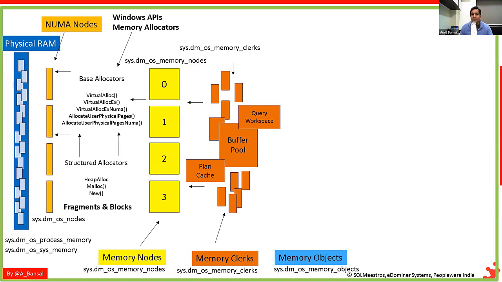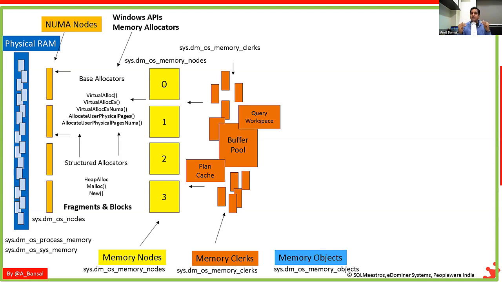Now, what are memory clerks? As mentioned before, SQL Server has memory consumers inside it. So like buffer pool, plan cache, query workspace, right? The parse tree, what we call as the boundaries, lock manager, the session memory, the connections. Each and every consumer needs memory. And what SQL Server architecture here does is there is a clerk for each of these consumers.